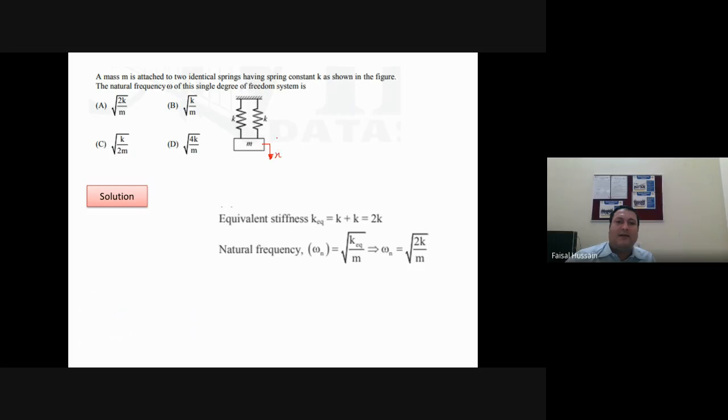We have to determine the natural frequency. Okay, so there are four options. So simple, this is the spring in parallel arrangement.